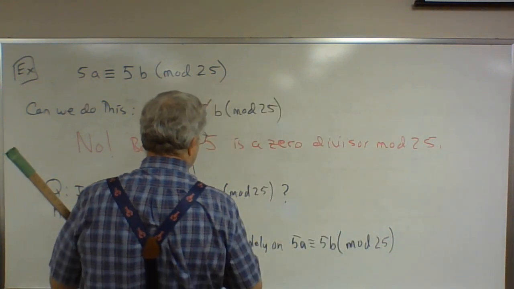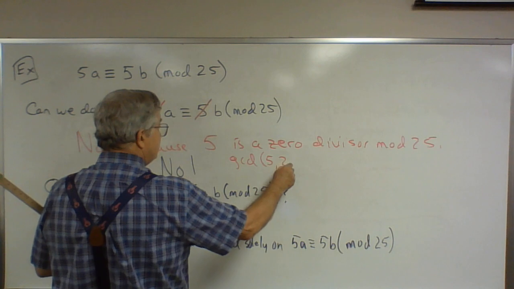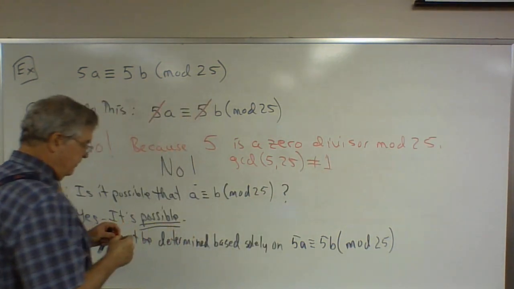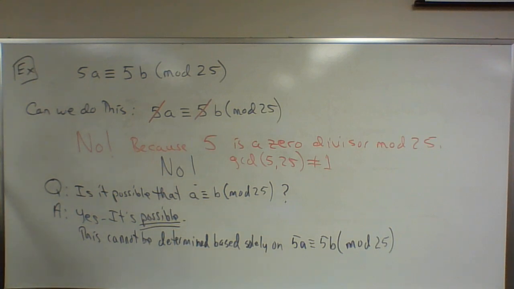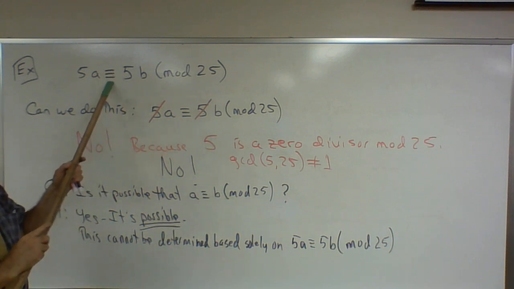Or to say it differently, greatest common divisor of 5 and 25 is not equal to 1. Those are equivalent. So I can't jump from here to here. Now, it may turn out that A is congruent to B mod 25, but we cannot determine this based solely on this.